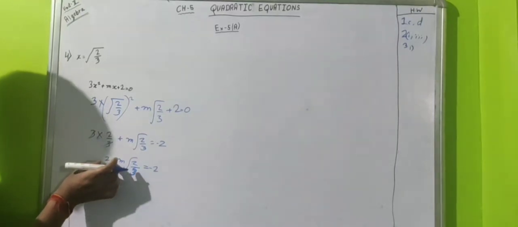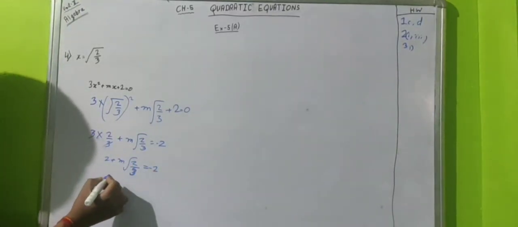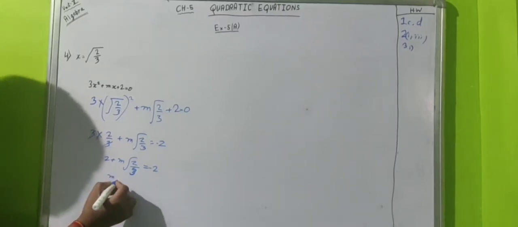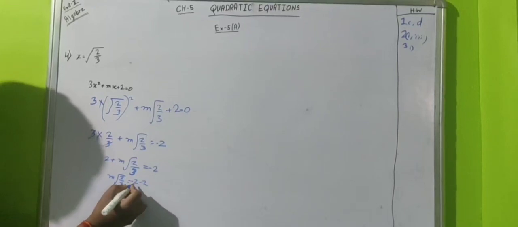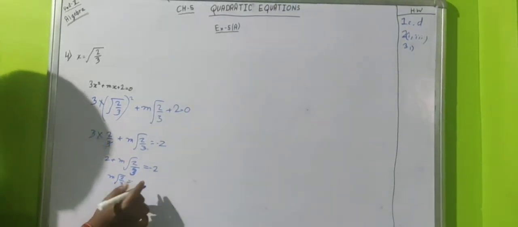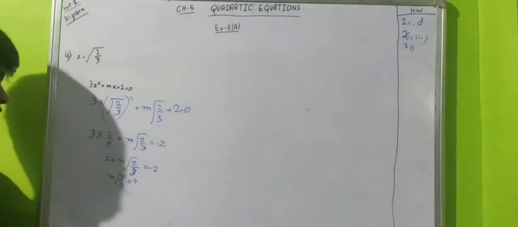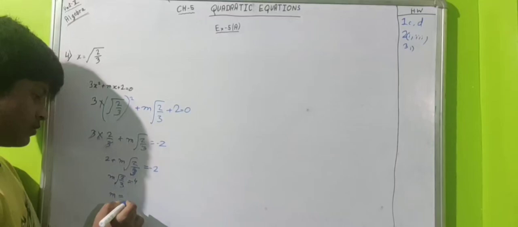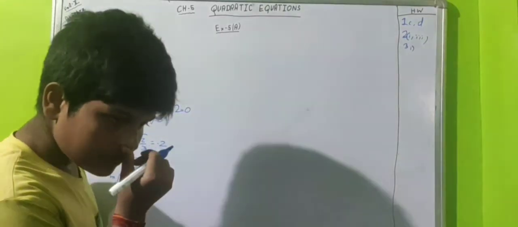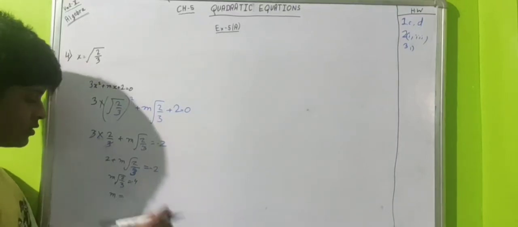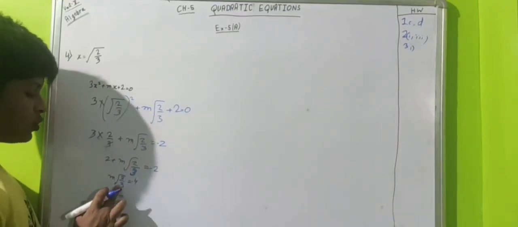So now send this 2 to here. This will become minus 4. So I am writing directly minus 4. Now keep m here, and send under root 2 by 3 to this side.